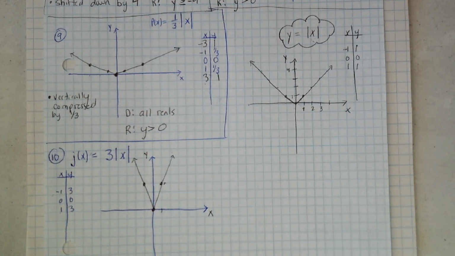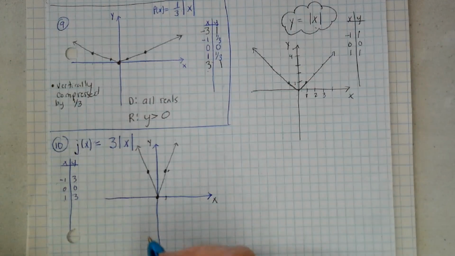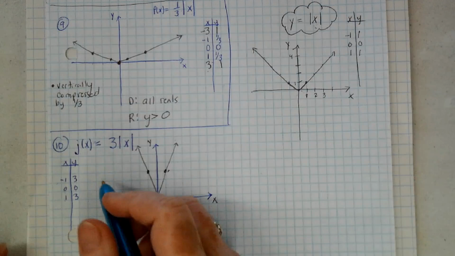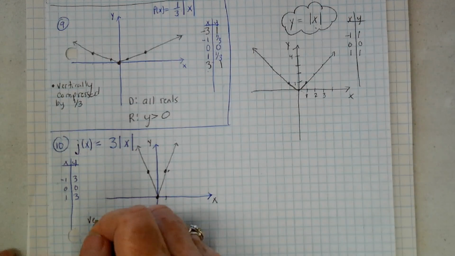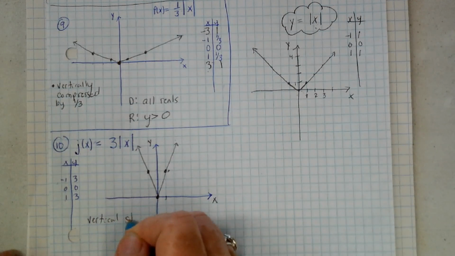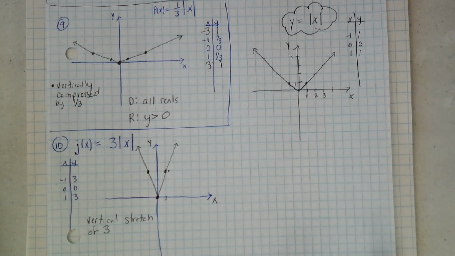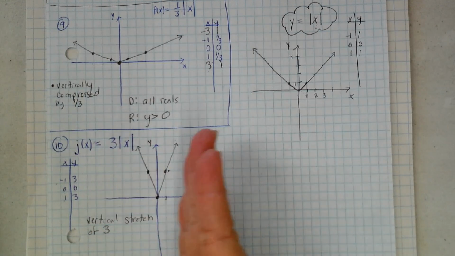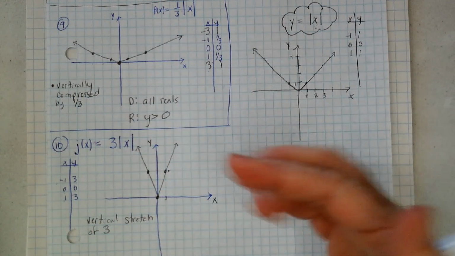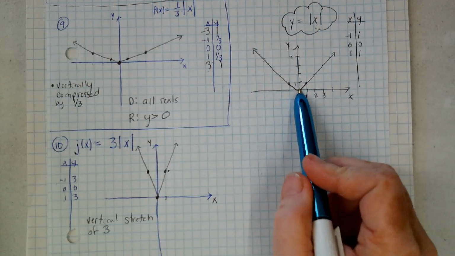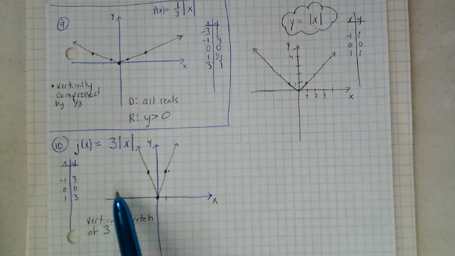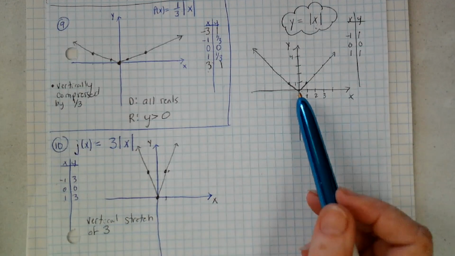If you read everything on page 6, it'll tell you all about that. So we're going to say we have a vertical stretch of 3. It didn't get shifted right or left, and it didn't get shifted up or down. It's still at the origin. That's all there is as far as comparing it with the graph of f of x.